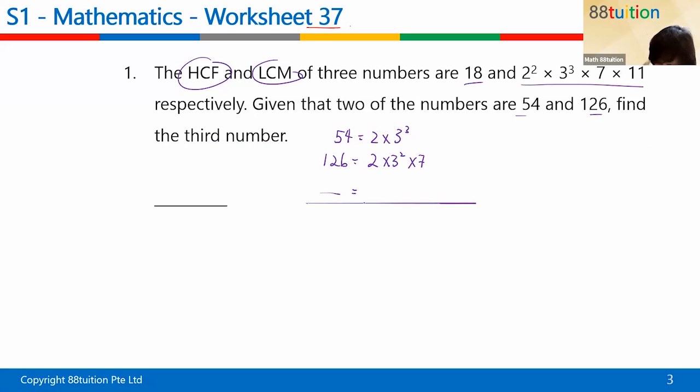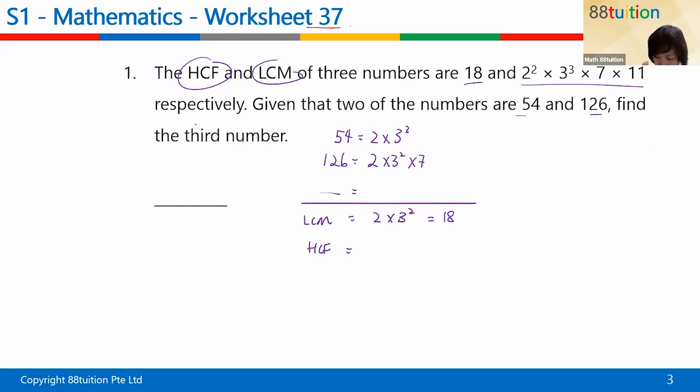Okay. So for this LCM, I have to list it down. The LCM and the HCF. So since the LCM is 18, so I should have a 2 multiplied by 3 to the power of 3. I also express them as a prime factorization.